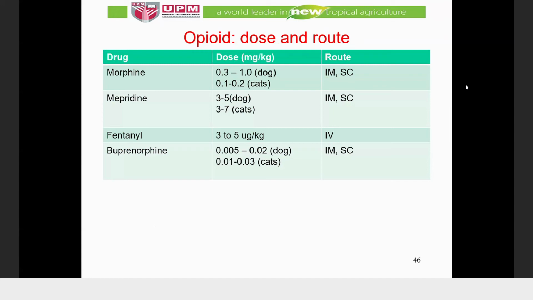So this is just a general dosage range. You can adjust it according to the clinician's experience, depending on the animal's status, right? And the protocol being used on that animal.